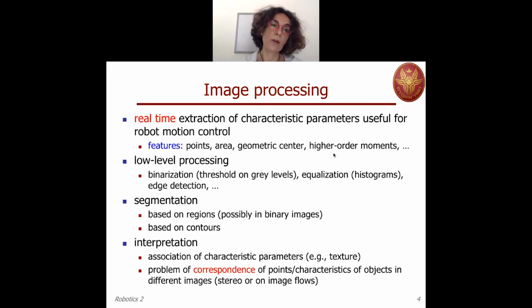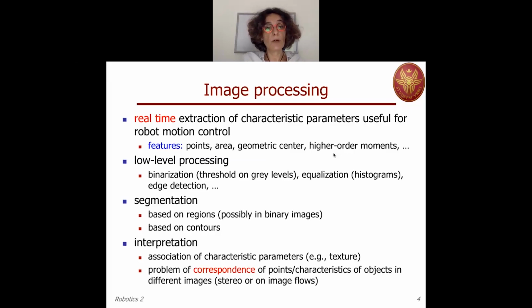Now, once we have decided which features our control algorithm relies on, we need to extract these features from images. Then we need some low-level processing of the images.